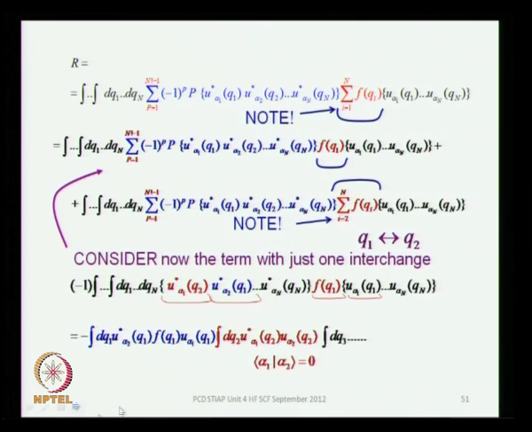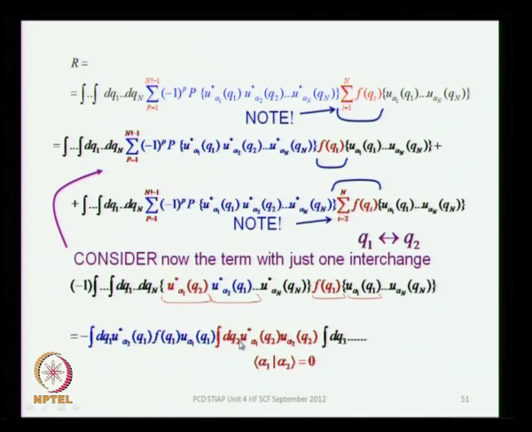So, take the integration over q1. What do you have in the integrand? You have got u alpha 2 star q1, this is the thing which has got argument q1, this operator is f of q1, and this function u alpha 1 q1 is here. What about the remaining terms?